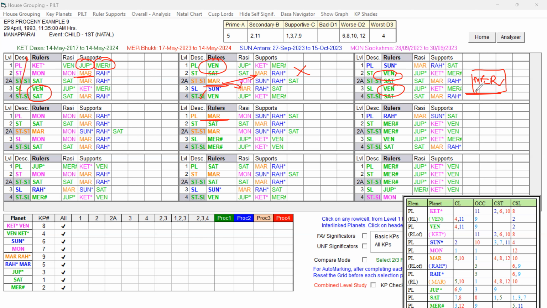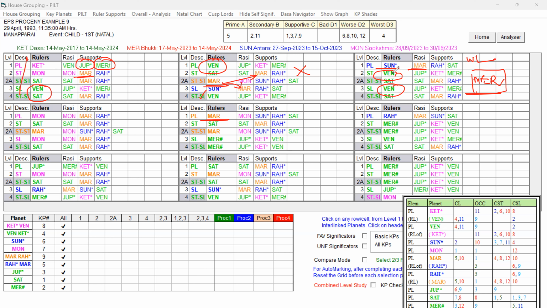Moreover, it has got Sun in its sources: 2, 10, 3, 7, 11, and the fourth cuspal sublord, having Mars also in its supports. Though the second lord is good, with Mars in its supports and the absence of Mercury, it is indicating some weakness. Strength is present, but it needs some more strength. So we can keep this in the waiting list.